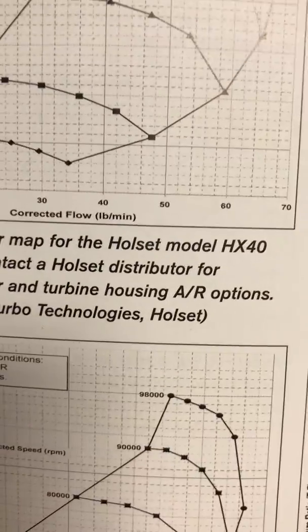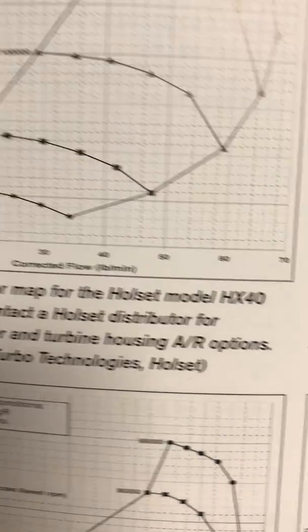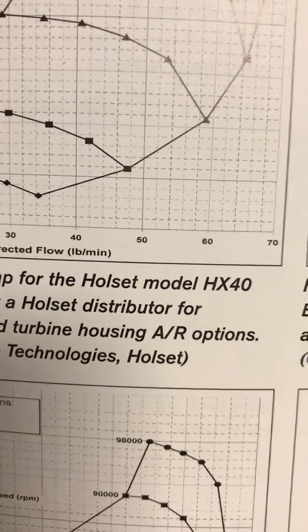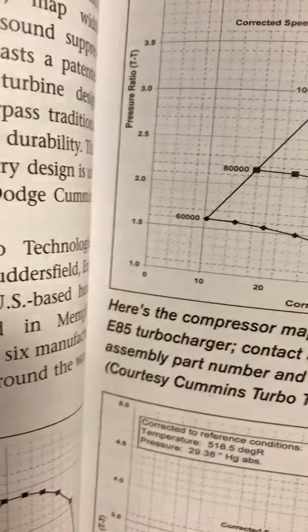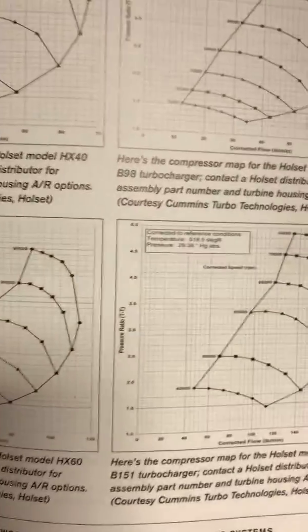Wow. All right, so once we cross over a 4.5-to-1 pressure ratio, we're at 98,000 RPM. Going up to 5, well, we're over 100,000. Once we're up to 6-to-1, where we need to be, the HX60 is way oversped.